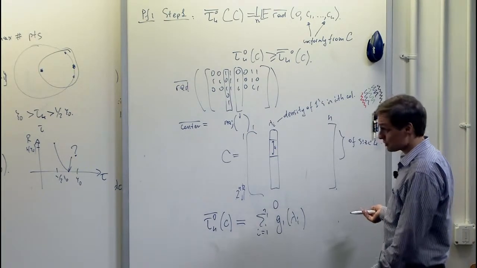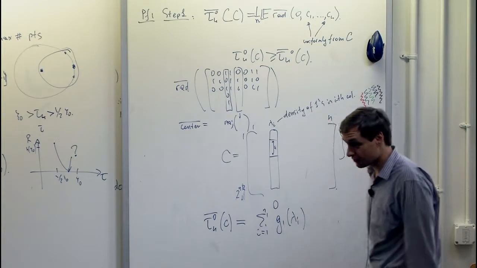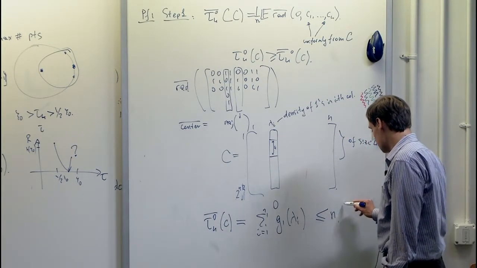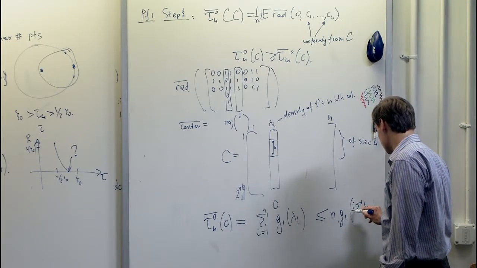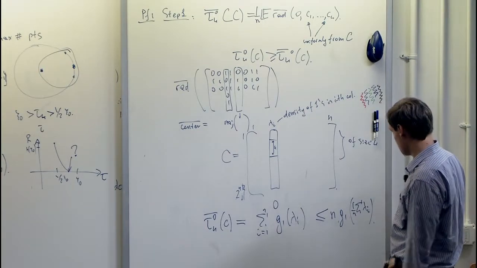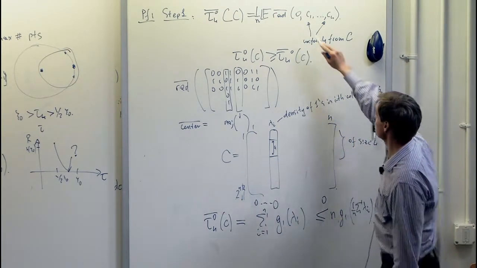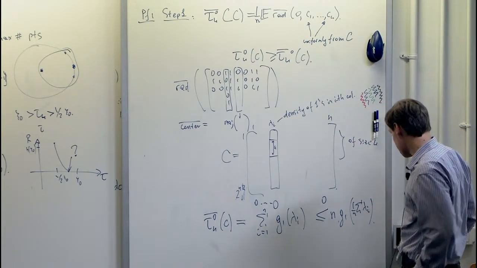Then you observe that luckily these G1 functions are concave. So this is always upper bounded by n times G1 of the sum of lambda i's normalized by n. There was this all-zero vector which we put as an anchor for our radius computation.